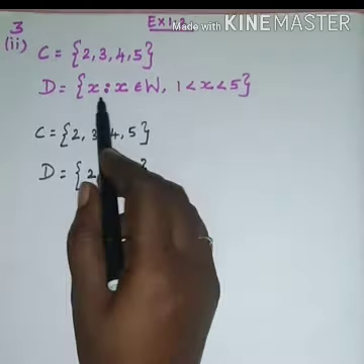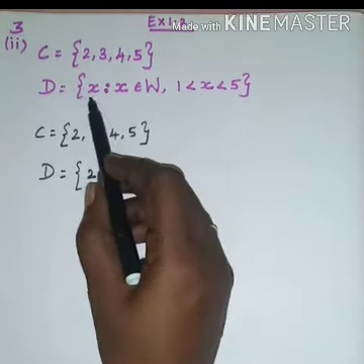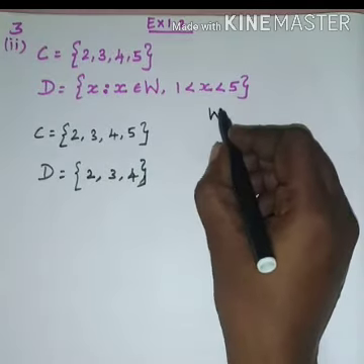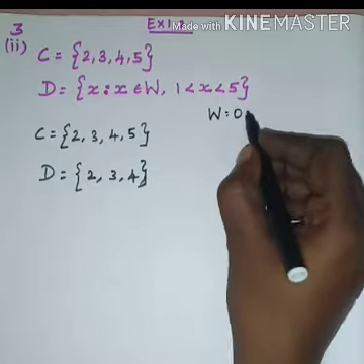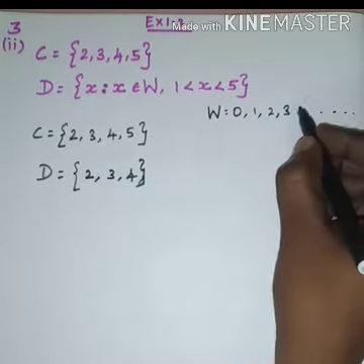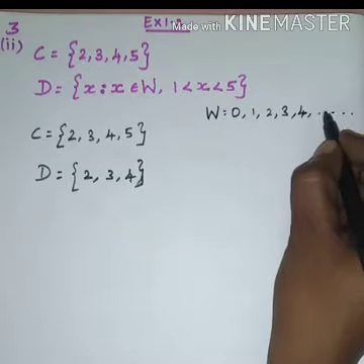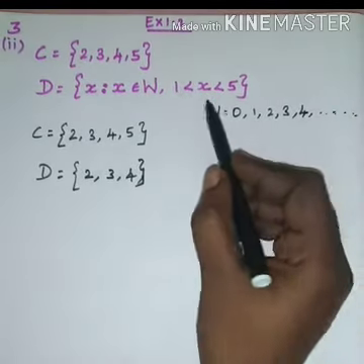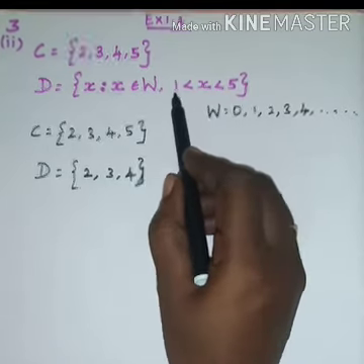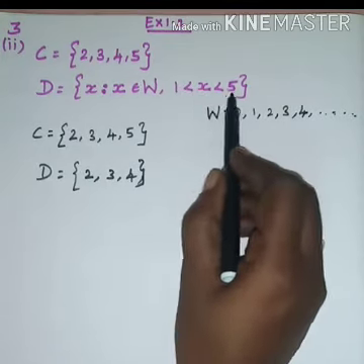Here D is given in set builder form: x such that x belongs to whole number. Whole number starts from 0, 1, 2, 3, etc. But they have given the condition for x. What is the condition? x lies between 1 and 5.